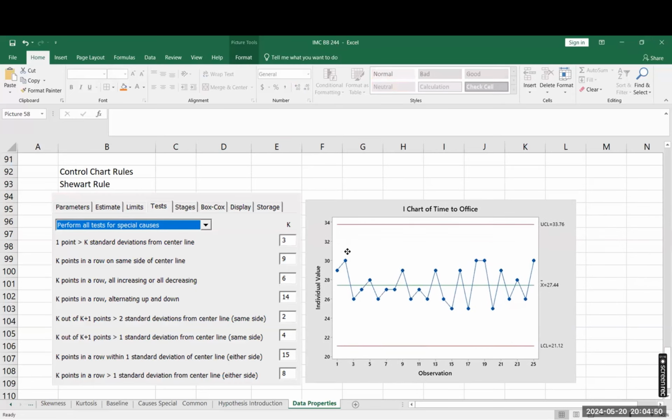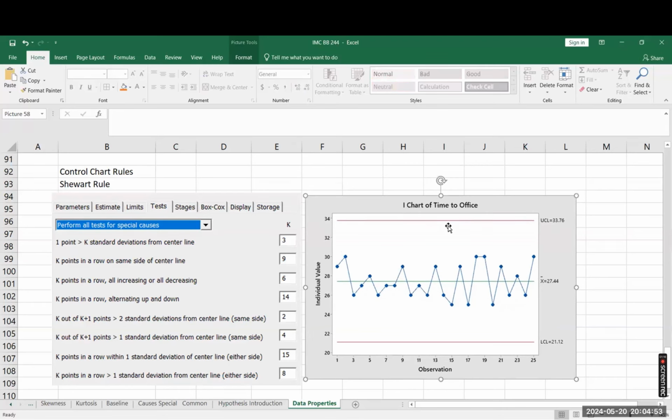So rule number 1 is saying: 1 point greater than k standard deviations from the center line, and the value of k is 3.